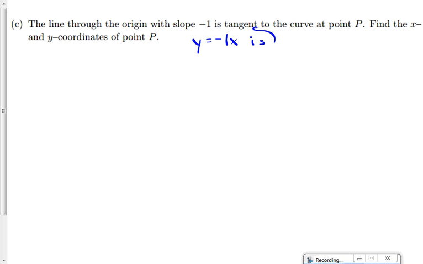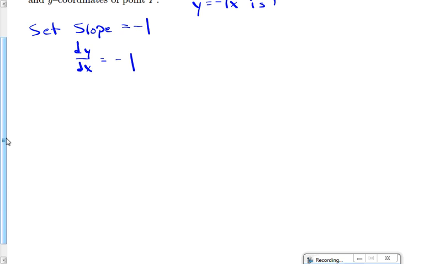The most efficient way to do this is to set slope equal to -1. And we have slope. What's slope? That's dy/dx. Okay, this is the smoothest way to do this problem.